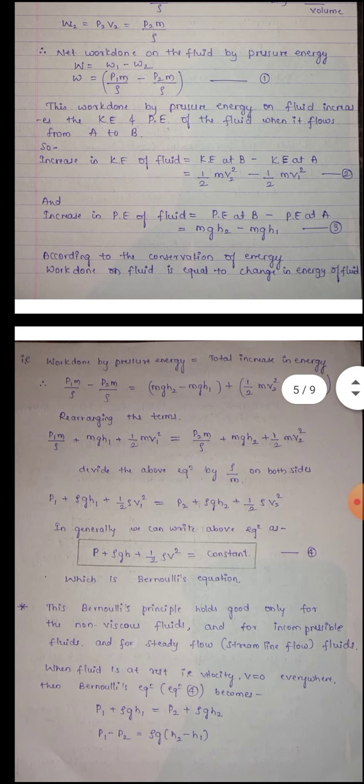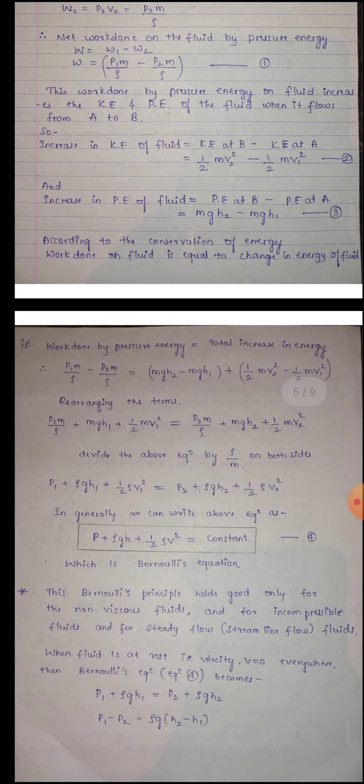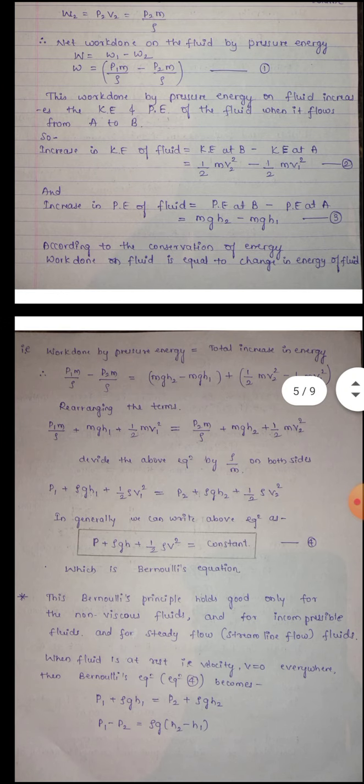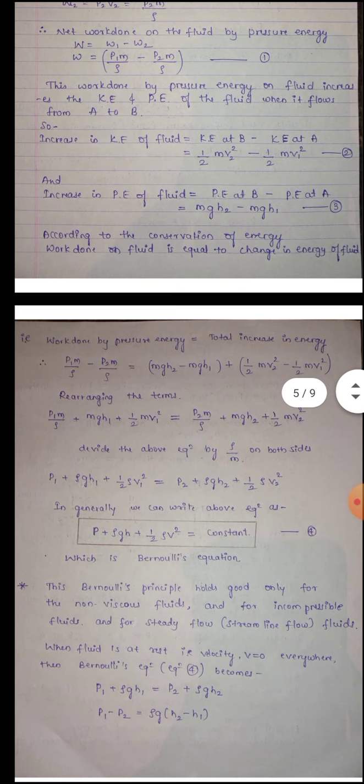So according to the conservation of energy, we know that the total energy of the system is always constant. So the work done on the fluid is equal to the change in the energy of the fluid.